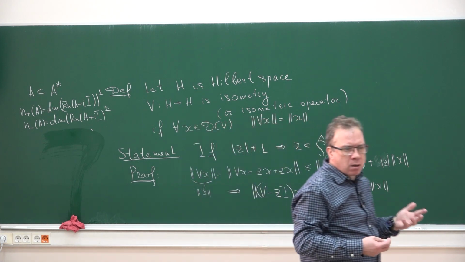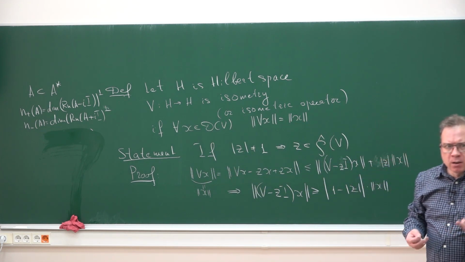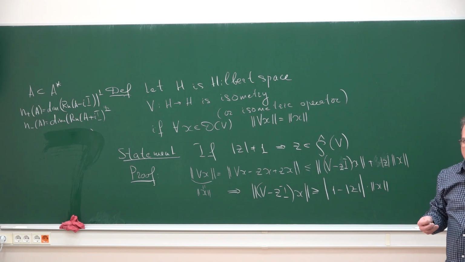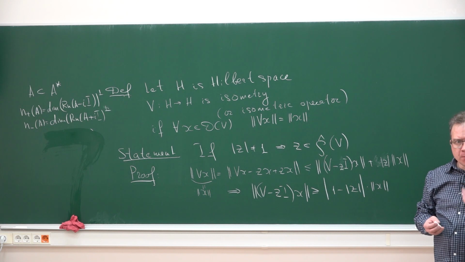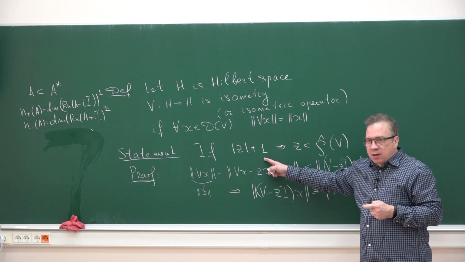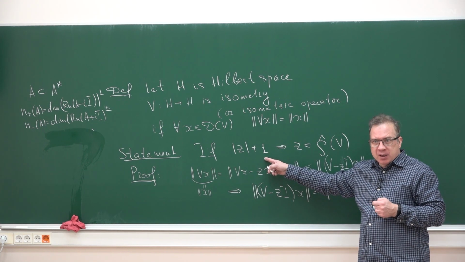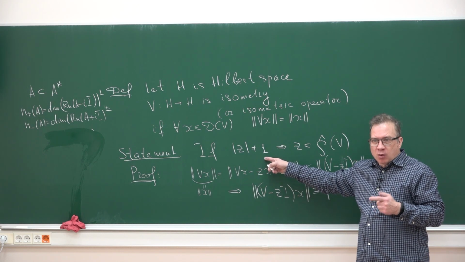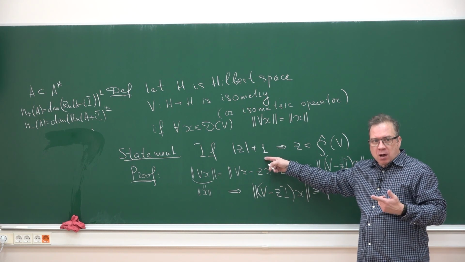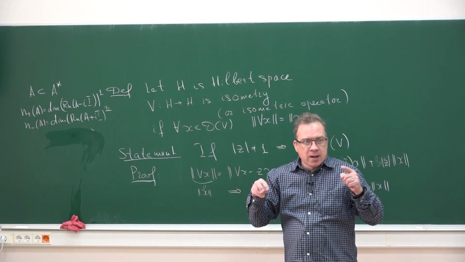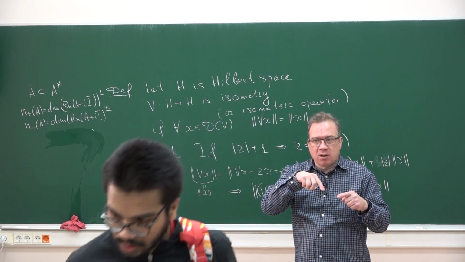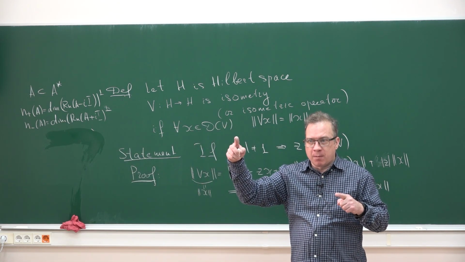And similarly, we can define two defect numbers for an isometric operator. What are they? The field of regularity is all complex numbers not lying on the unit circle. So you have an interior defect number and an exterior defect number.